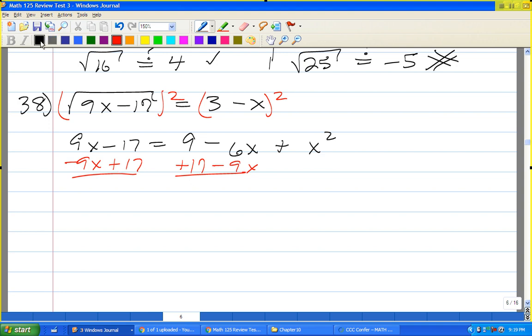And so I get x squared, let me write this in descending order, x squared minus 6x minus 9x is minus 15x. 9 plus 17 is 26.